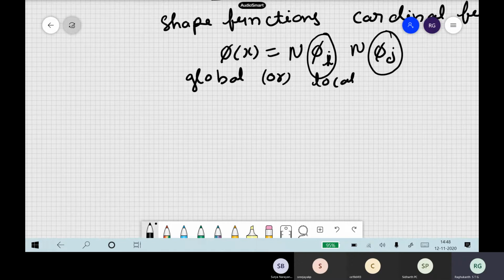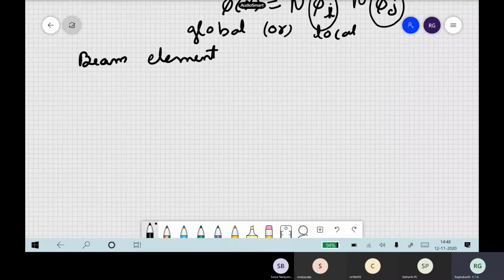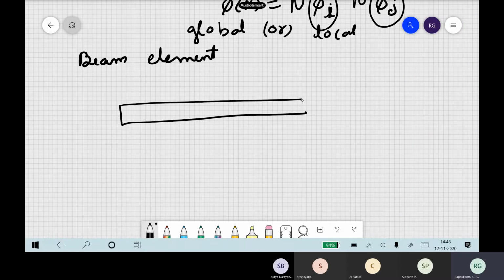One thing I wanted to say, though we will not be using it, is the beam element, because all of us are structural engineers. For beam elements, what is the order of the polynomial we use? Many times in the comprehensive viva they will ask you about the beam element. It's very important for structures.